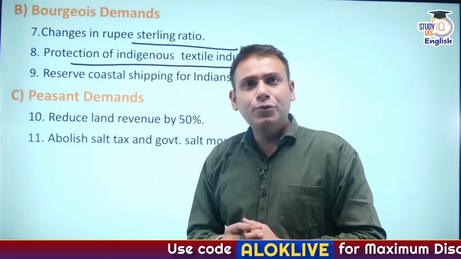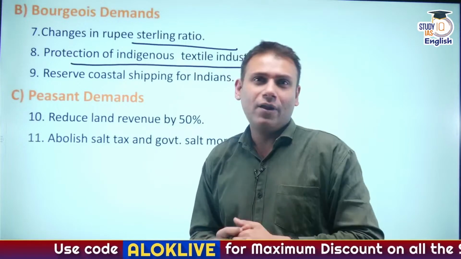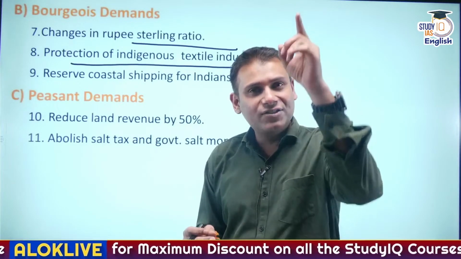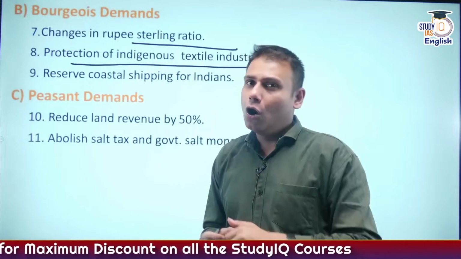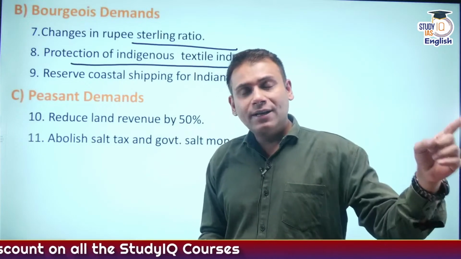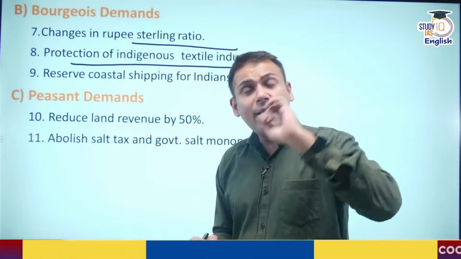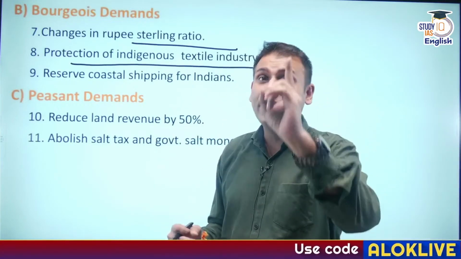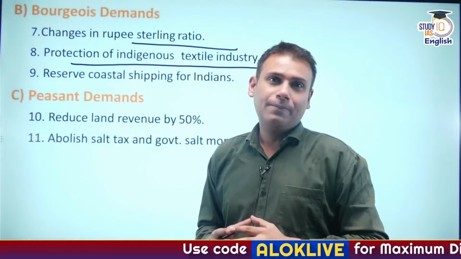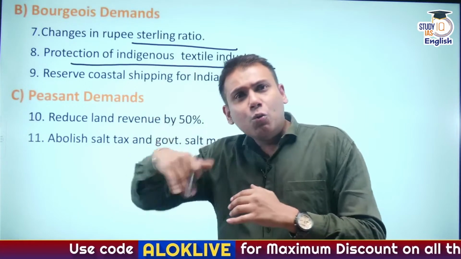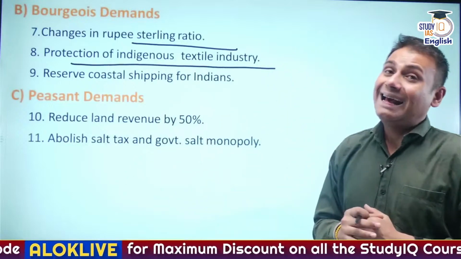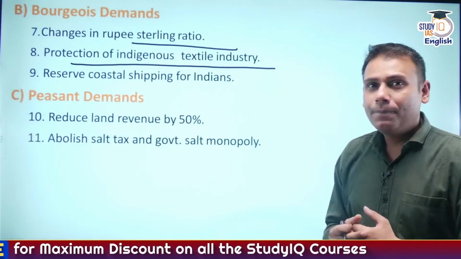What did Britishers do? To paralyze our rural industry, our indigenous textile industry, they made a law under which any goods exported out of India and imported into India would only be exported and imported on British cargo ships. Apart from this, the duty on these products was being raised. So what happened?